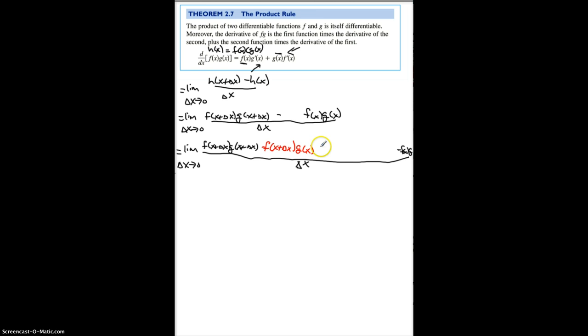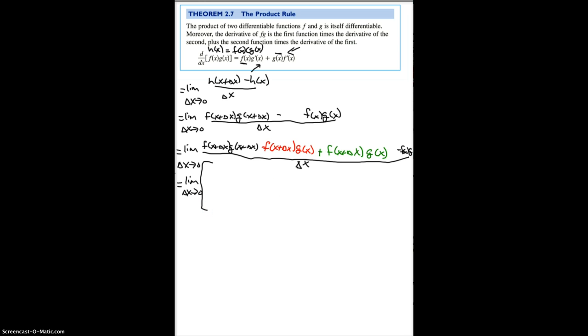Now I'm going to do this one in green because I'm going to color code these for you so you don't get too lost. Well, I added that one, so I have to subtract this one: f of x plus delta x times g of x. All right, let's look at the first term. Now what we're going to do is we're just going to take the limit as delta x goes to 0 of this whole big mess.